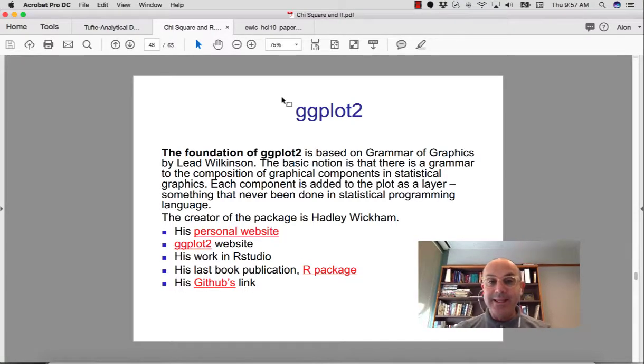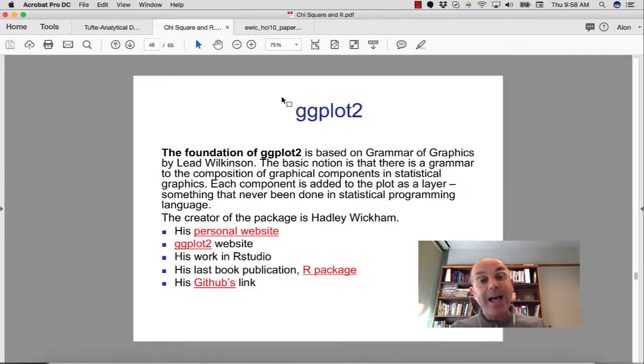ggplot2 was created by the person who basically created RStudio, the application that you are using nowadays. I gave you his personal website, the ggplot website, and his latest book on the R package, how to generate an R package.